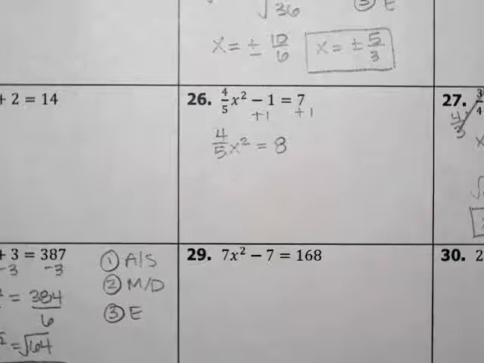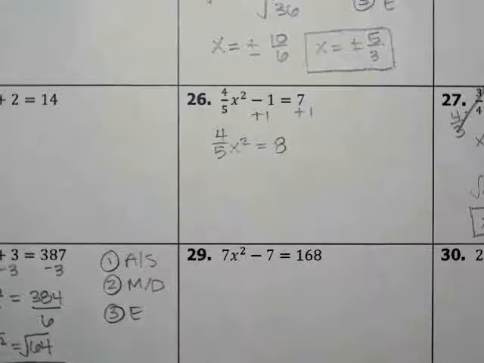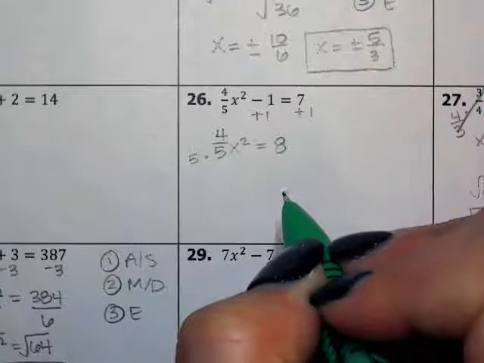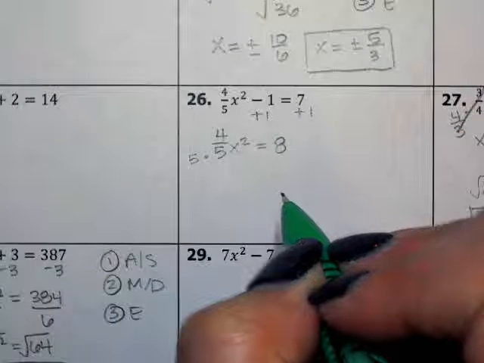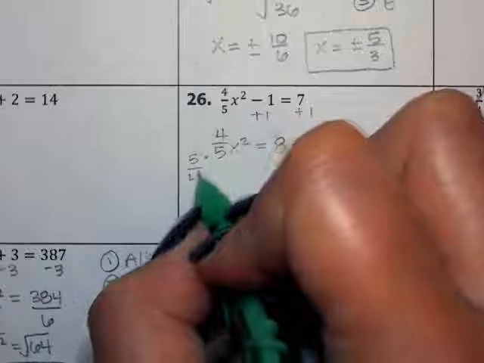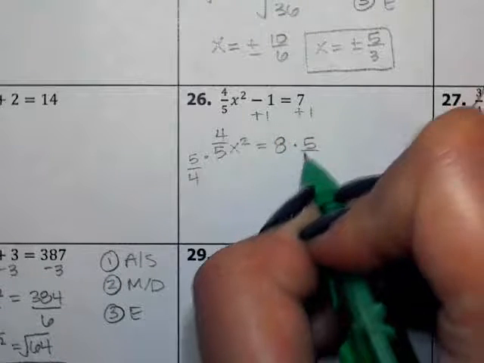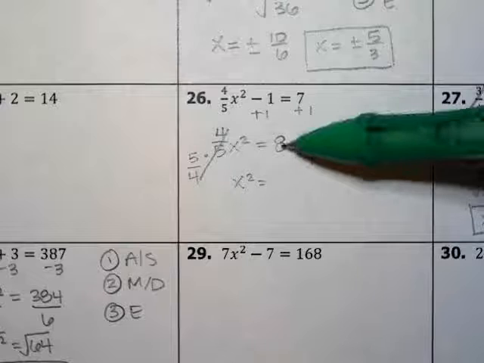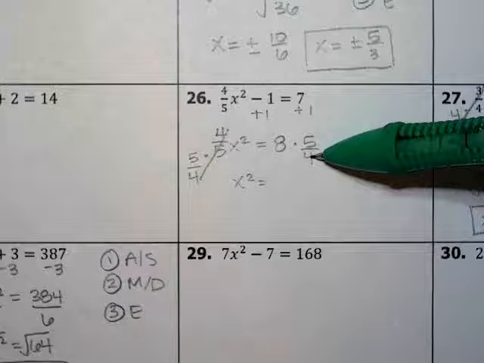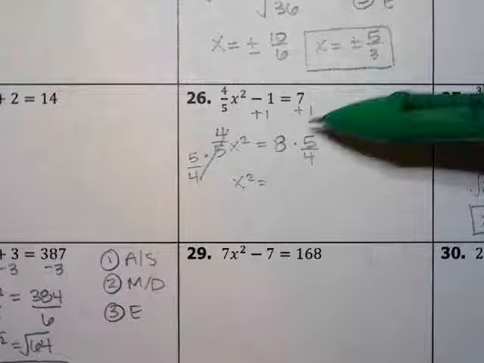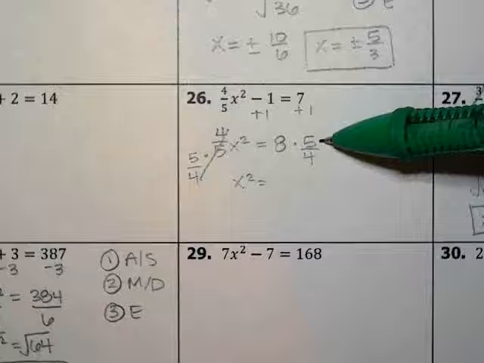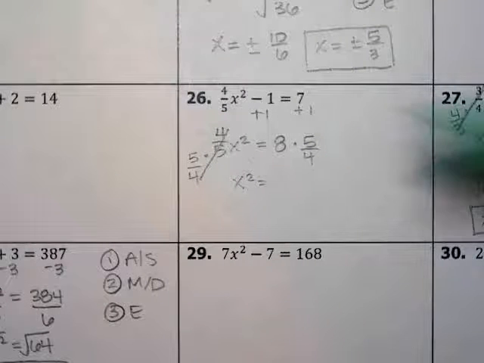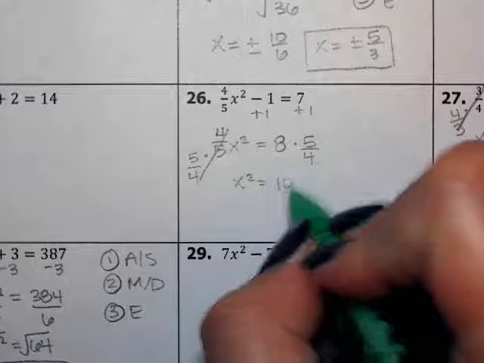Multiply by 5. Multiply by what? 5/4. Okay, so you can do 8 divided by 4 is 2, 2 times 5. Or you can do 8 times 5 is 40, 40 divided by 4. Or you can plug it in your calculator. What do you get? Okay. And then what do you do? We get x equals?